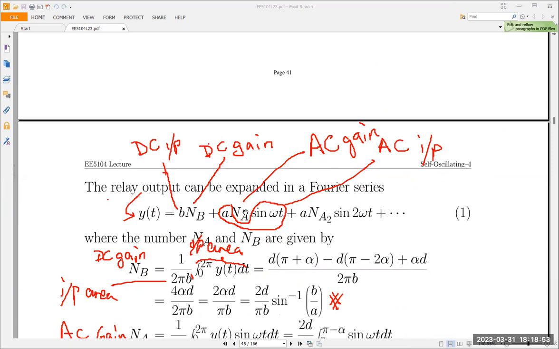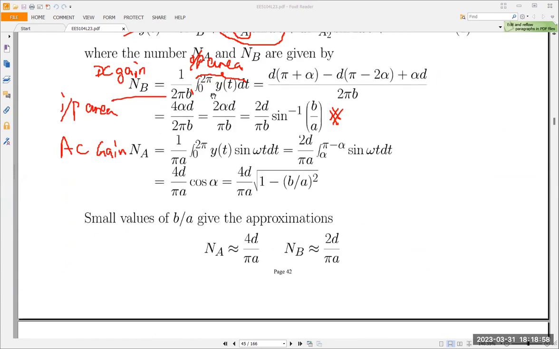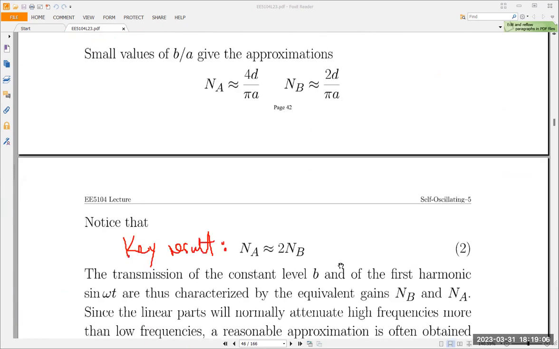Okay, so now the maths gives the following key results. The main thing to understand would be this. The key result is that the AC gain is equal to 2 times the DC gain. All right, so that's the first key result.